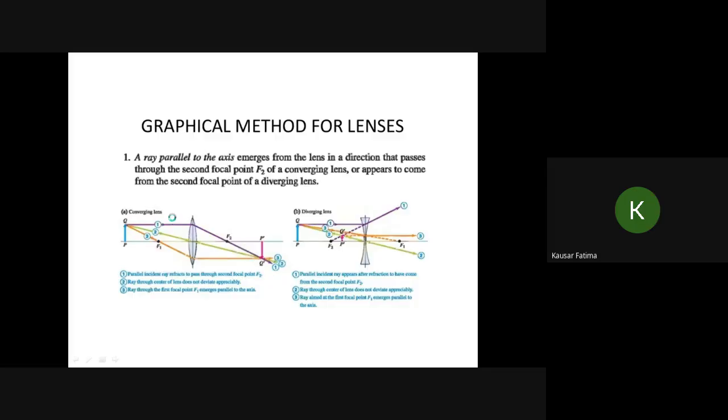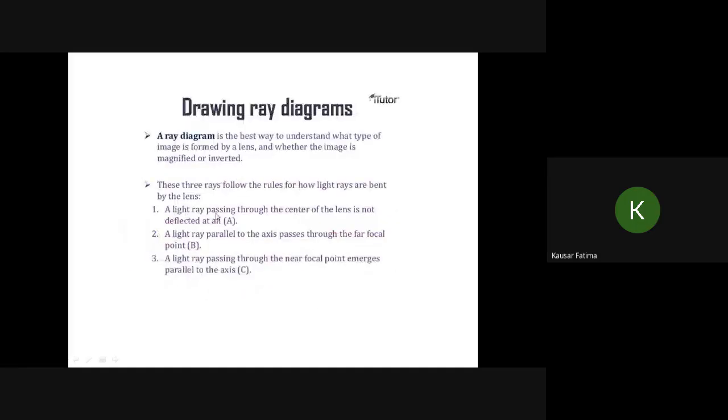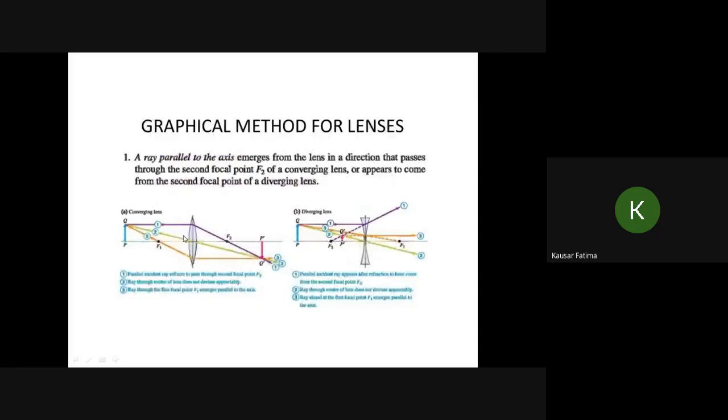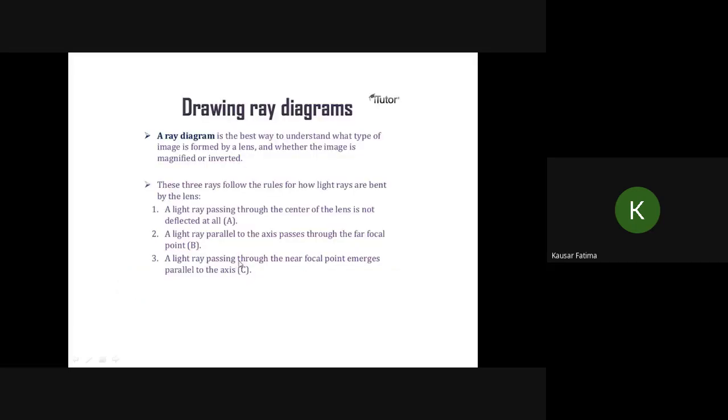And the ray which passes through the center of the lens does not deflect. This one, the ray which strikes the optical center, goes undeviated. The green colored ray, the second ray, is going undeviated. Let's see what is written about the third one. A ray of light passing through the near focal point emerges parallel to the principal axis.